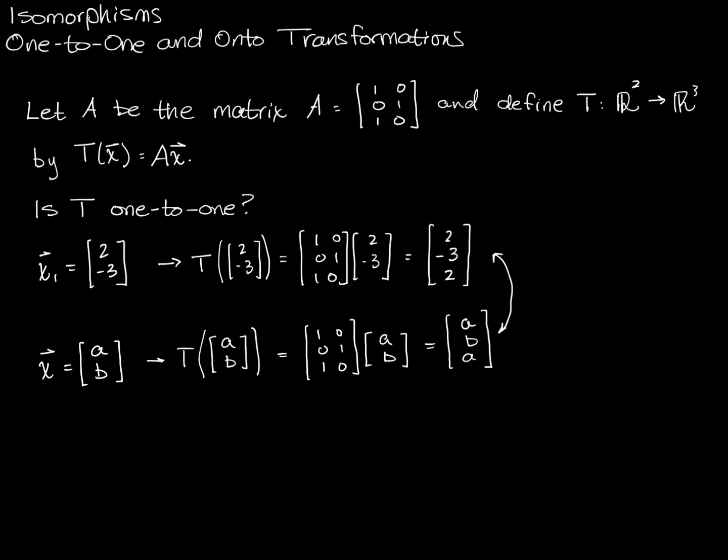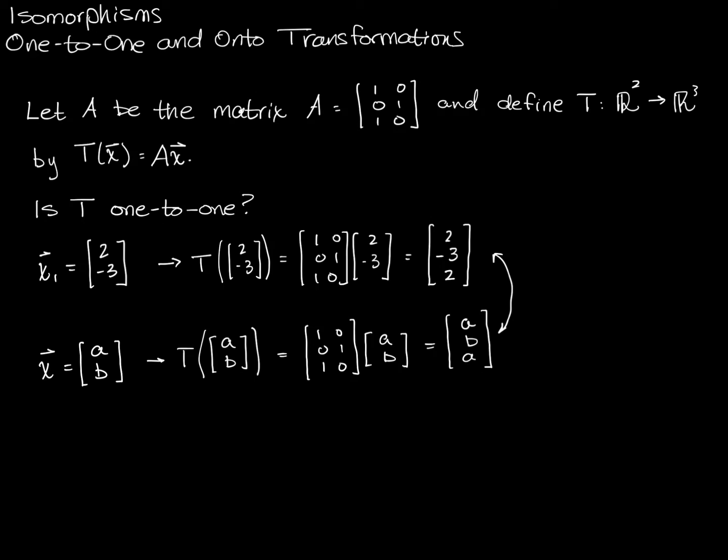Remember that f of x equals x squared is not one-to-one, because if the output is 1, the input could be either 1 or -1. Either 1 or -1 when you square it gives you 1. So does any output map back possibly to more than one possible input? And the answer is no. So this transformation is one-to-one.